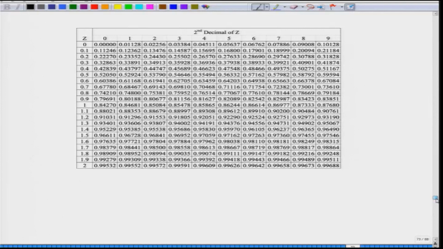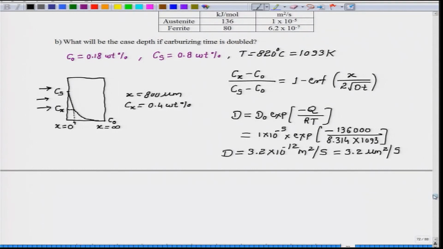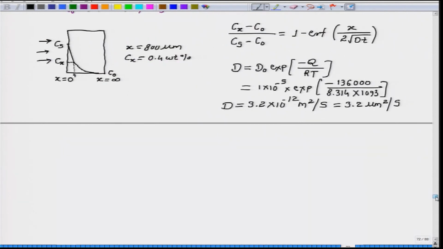So, let us refer to this error function table in a moment. Now we need to substitute and find out. We know C naught, Cs and Cx, and Cx is 0.4.